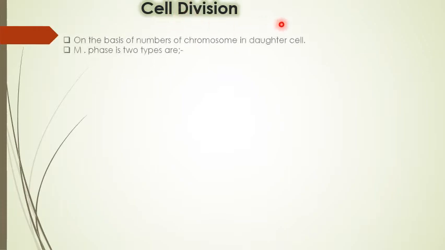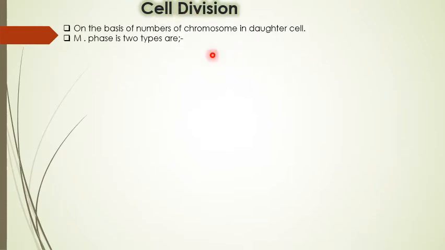Now we are going to discuss cell division. As we all know, a single person has 23 pairs of chromosomes.